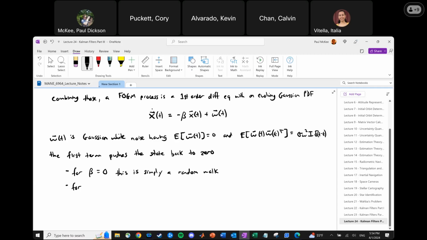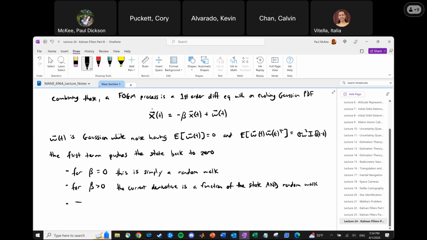For beta greater than 0, the current derivative of the function is a function of the state and random walk. You can think of it as a pseudo random walk. All right.